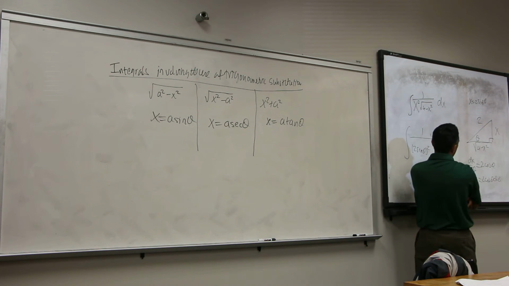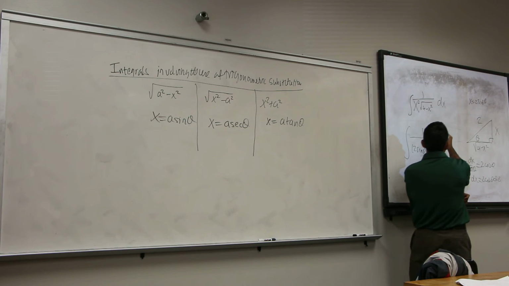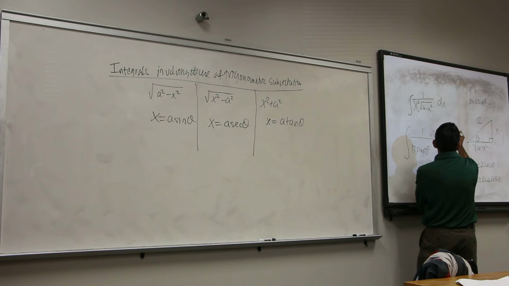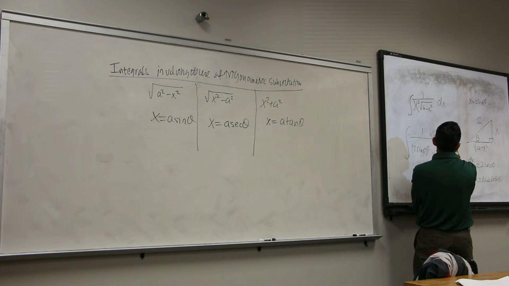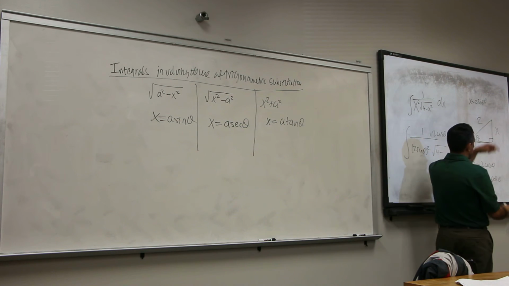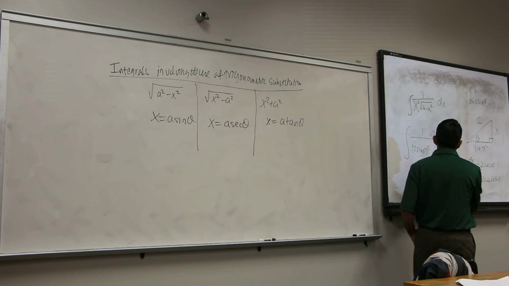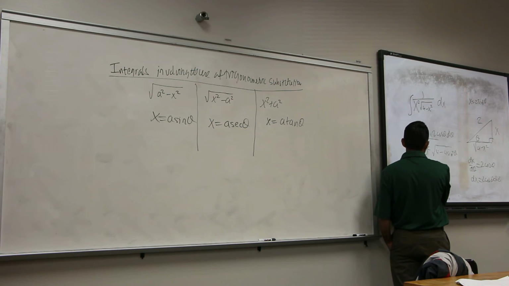What is this? 4 minus what? 2 sine theta squared, 4 sine squared theta. And pick up 4, this will become 2 cosine theta d theta over 4 sine squared theta.